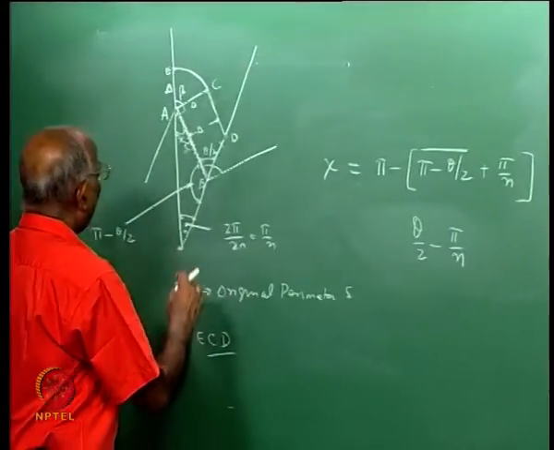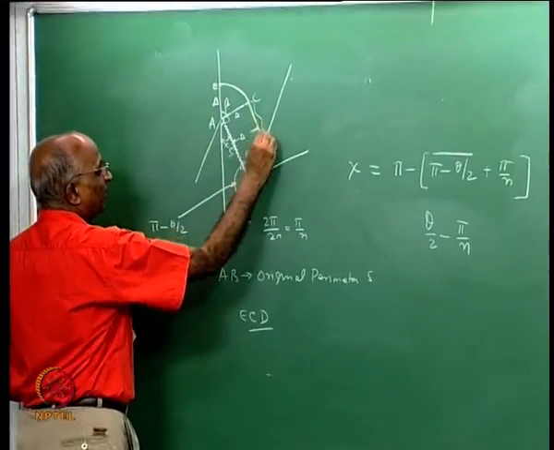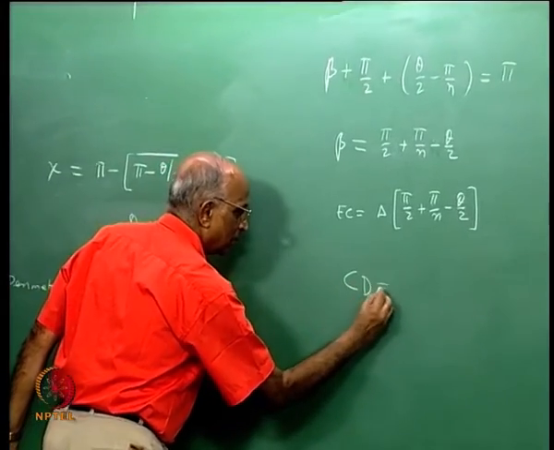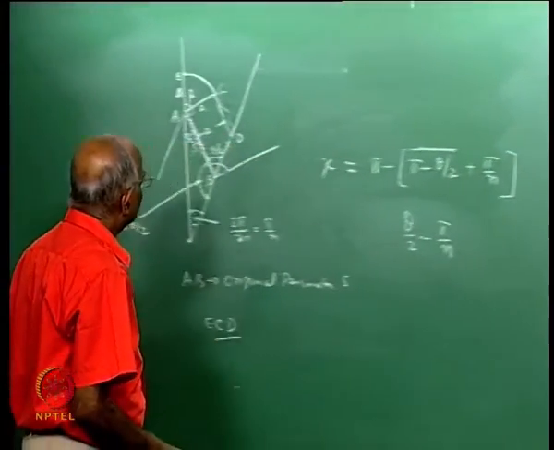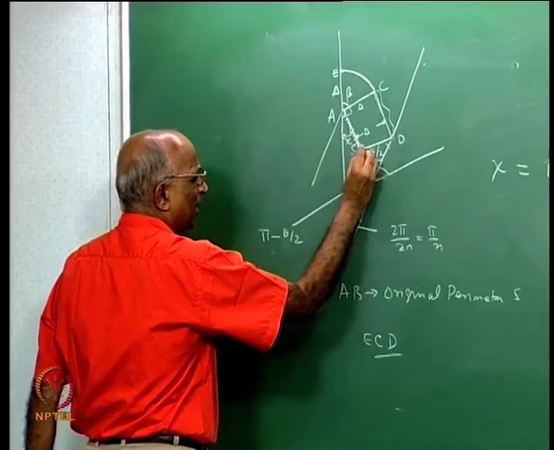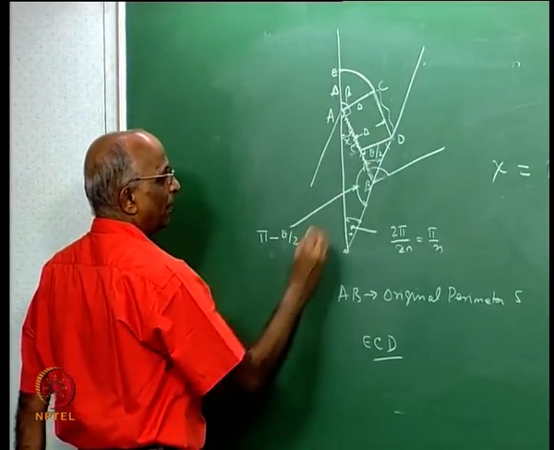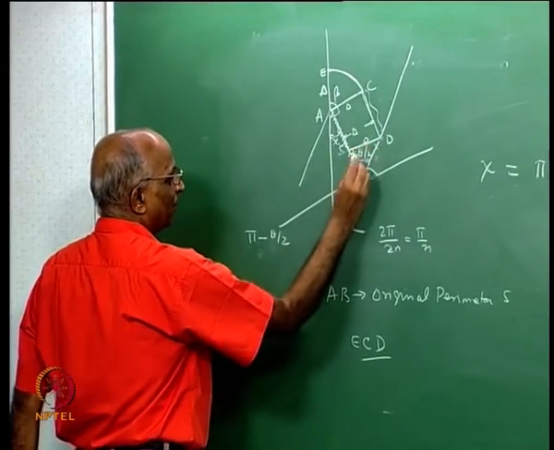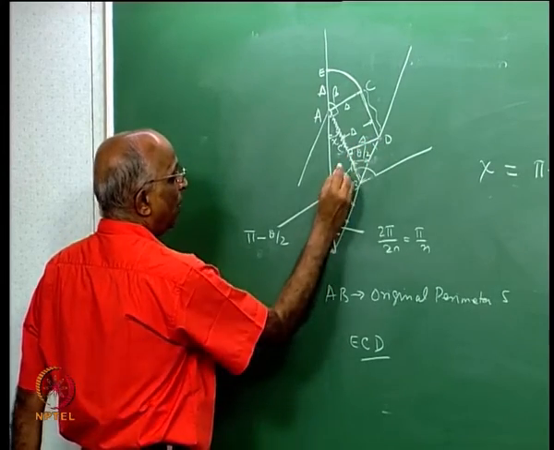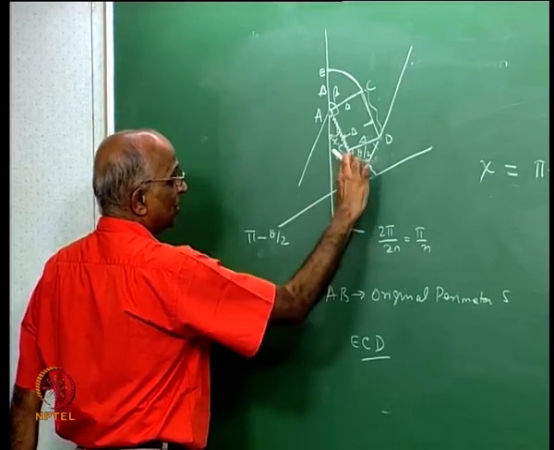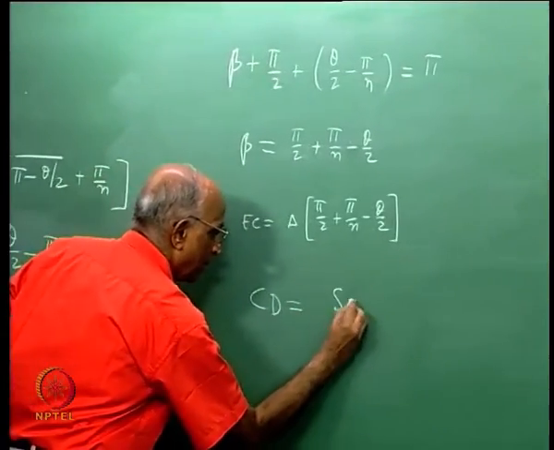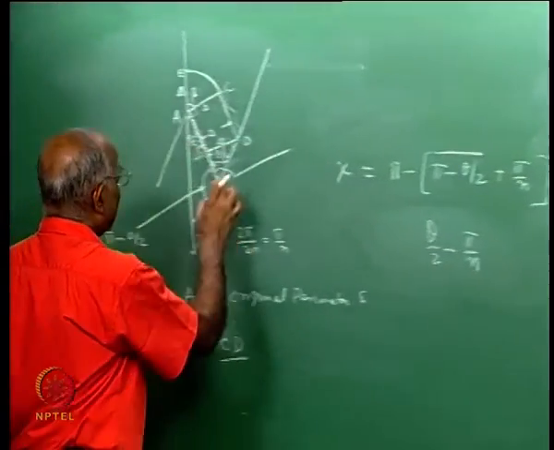What is the value of CD now? How do I get this value? Immediately I tell myself, hey, this is also a right angle, I can have a right angle over here. This distance is delta, and now if I can subtract this distance from S, that means it is S minus, and what is it I am subtracting?